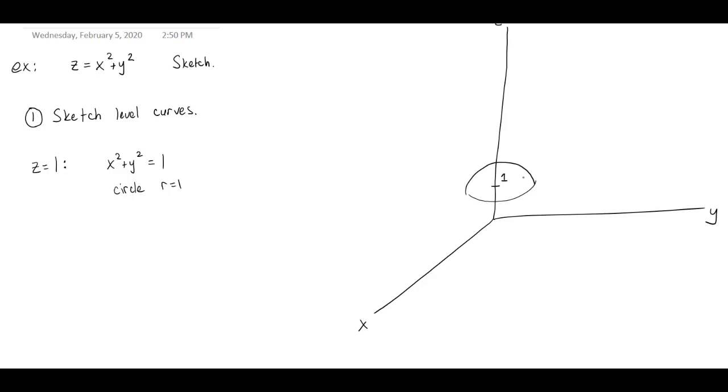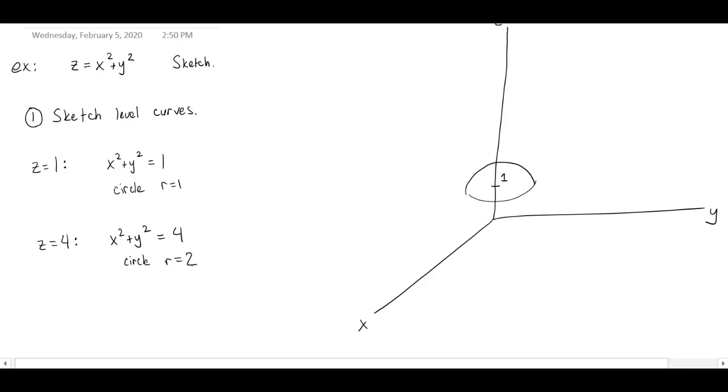If I try plugging in maybe 1 or 2 more values of z, what if I go up to z equals 4, okay? Then we would get the equation x squared plus y squared equal to 4. So what would that equation represent? A circle of radius 2. Yeah, good. Circle radius is 2.